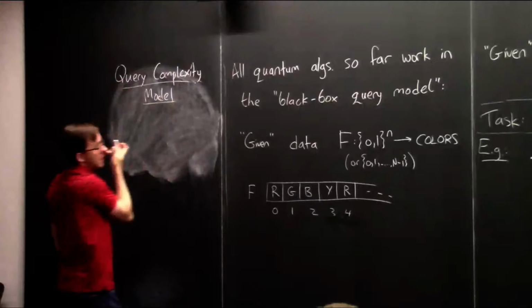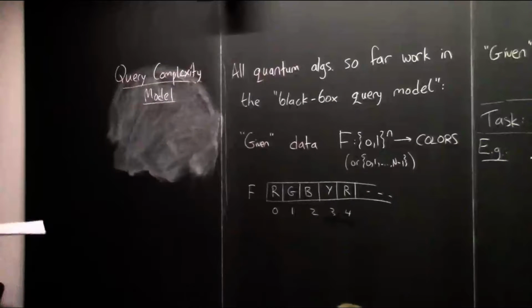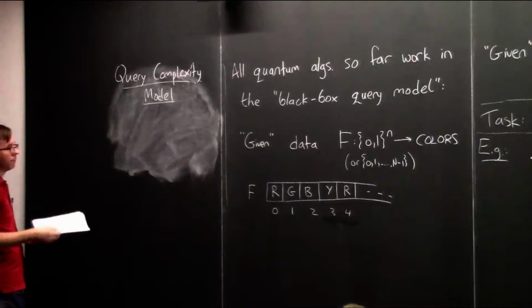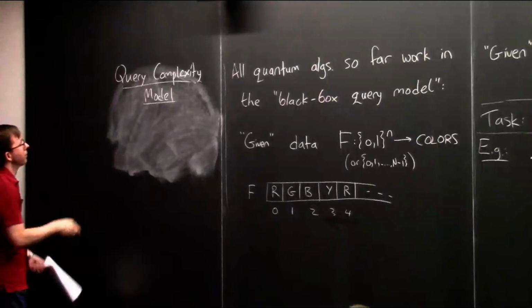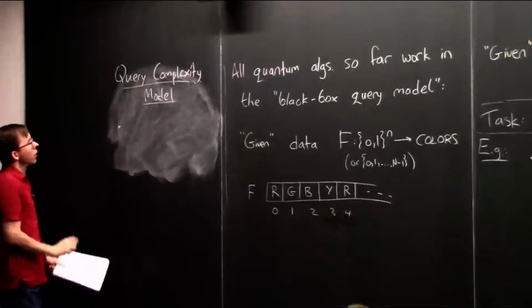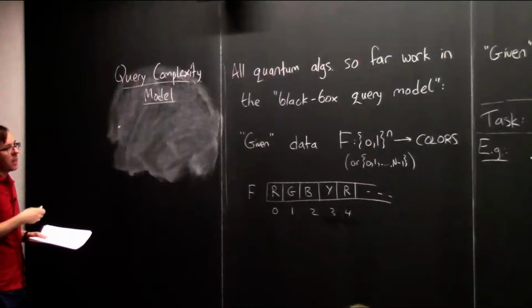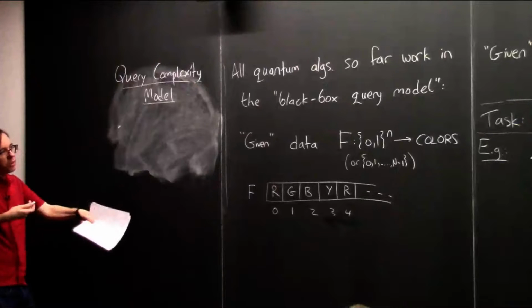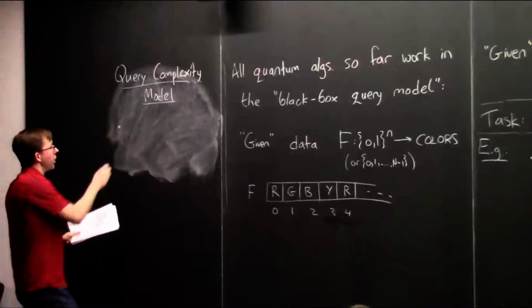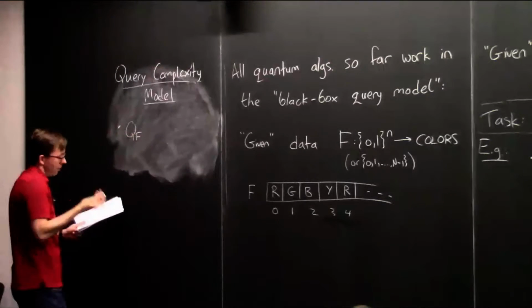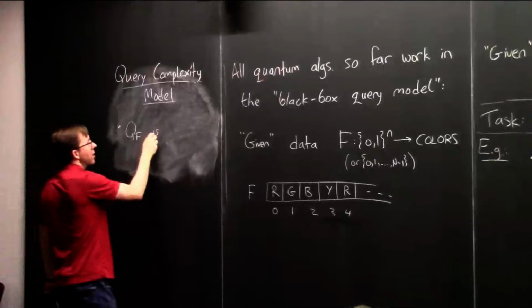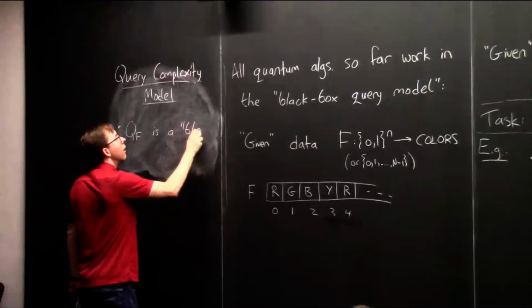And it's a model that you can actually use to study the power of randomness, to study the power of quantum, which is what we'll be focused on, and study the power of other kinds of computation. But OK, so in the query complexity model, you don't have a normal input exactly as you do in normal computation. Rather, you have this, let's say, Q_f, and it's considered a black box.